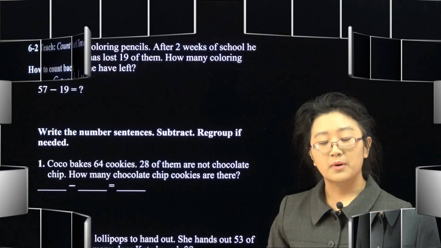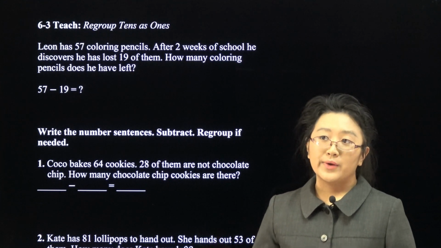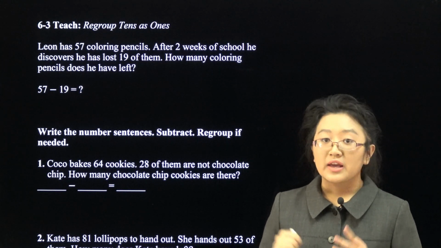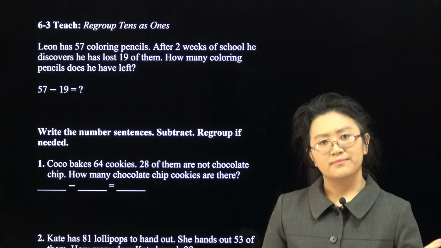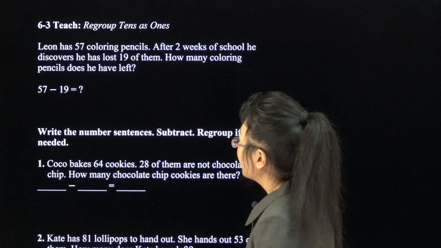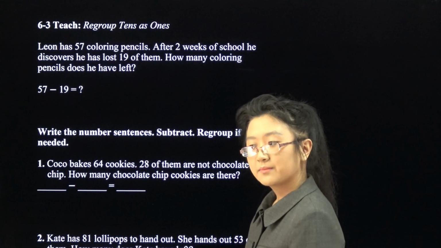So how are we going to do this? Well, let's find out. But before we do that, we need to talk about regrouping. Now, in addition, you regroup when there's more than 10. Here, you regroup when you need a bigger number to subtract, such as 57 minus 19.